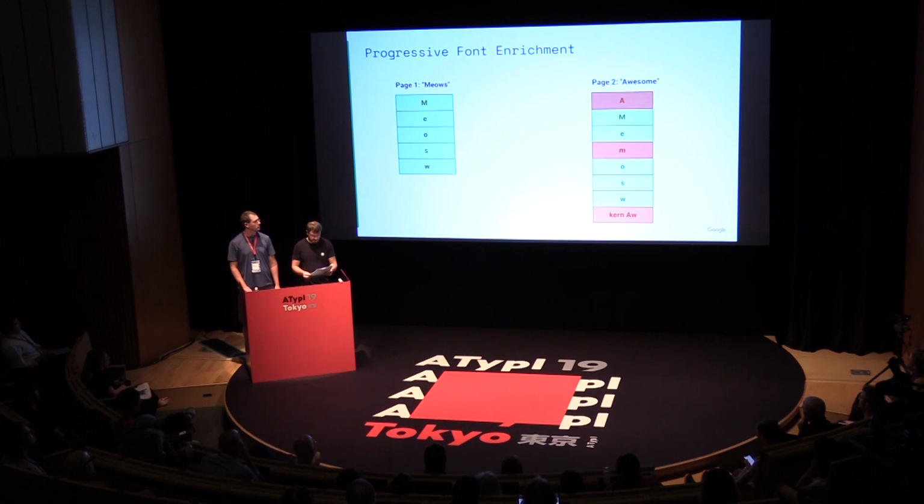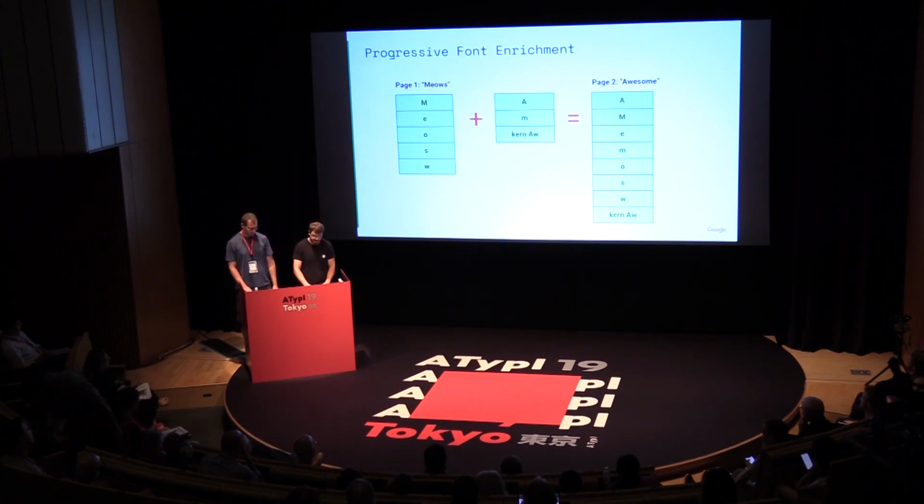And the kerning rules for capital A and lowercase w are not in this subset. Using progressive font enrichment, we can solve this by loading a small additional piece of data which contains the missing glyphs and kern rule. It's merged into the subset from the first page to produce a new version of the font that contains everything we need.